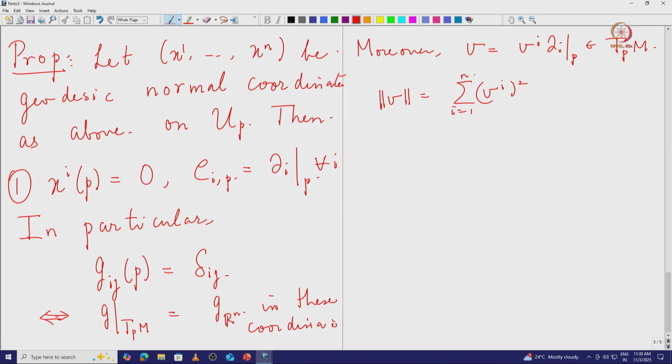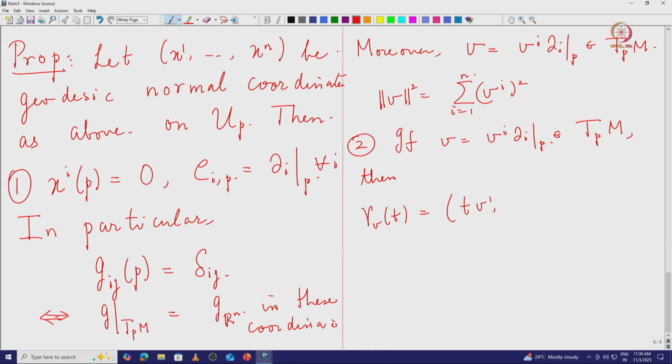All right, the second point is that if you take again V as above, then in fact the geodesic with the initial velocity vector V is very simple in these coordinates. So gamma V of t is simply given by the straight line path in these normal coordinates.